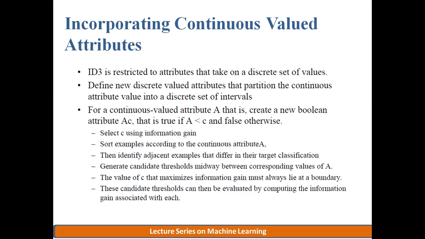In particular, for an attribute A that is continuous valued, the algorithm can dynamically create a new Boolean attribute A_C that is true if A is less than C and false otherwise. Now, the question here is how to select the best value for the threshold C. Consider the example here.